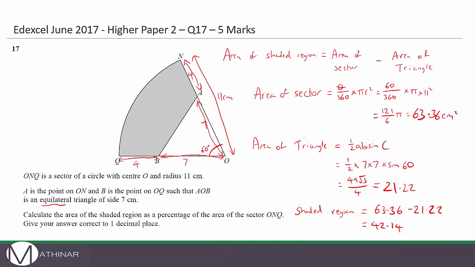Calculate the area of the shaded region as a percentage of the area of the sector. So the percentage of the shaded region is equal to the area of the shaded region, which is 42.14, divided by the area of the whole sector, which was 63.36, multiplied by 100.